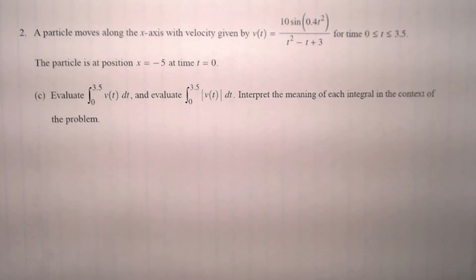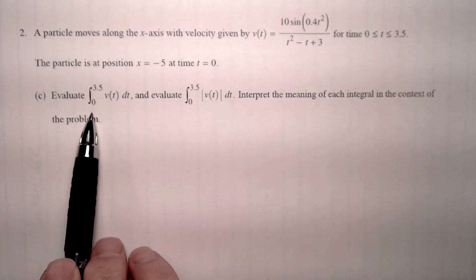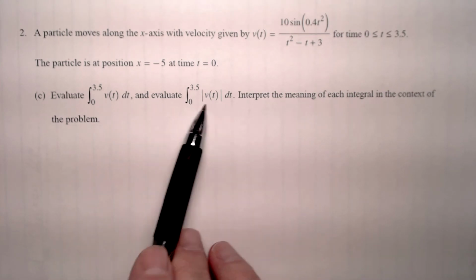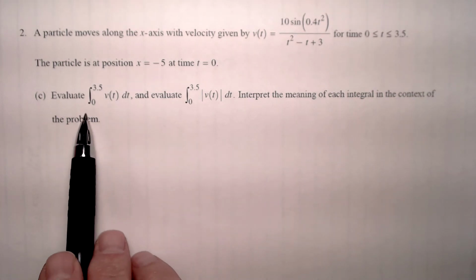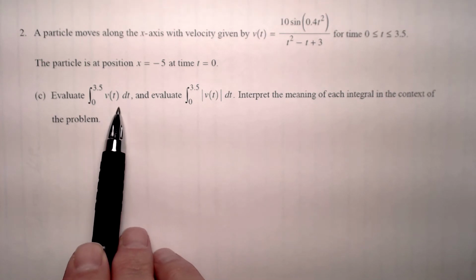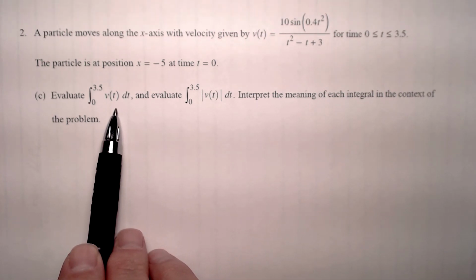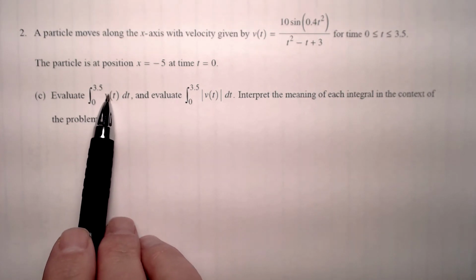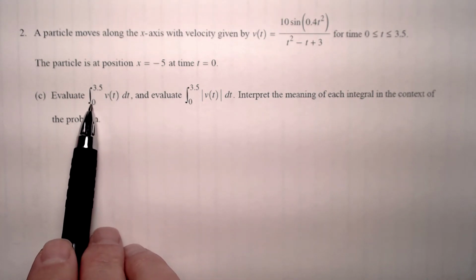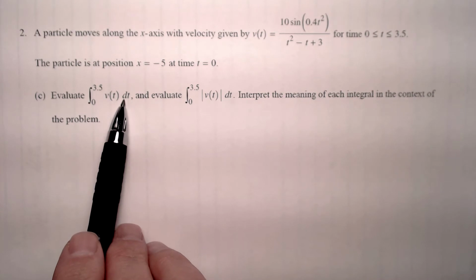In this part of the question we are being given two integrals and asked to evaluate them using the calculator, and we'll do that next. But what are those? This is the displacement of the particle over the time interval from 0 to 3.5. So this is a velocity, integral of velocity gives us the displacement.